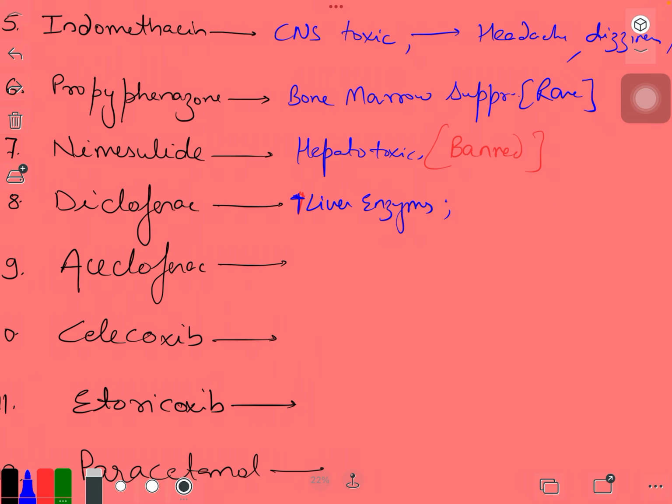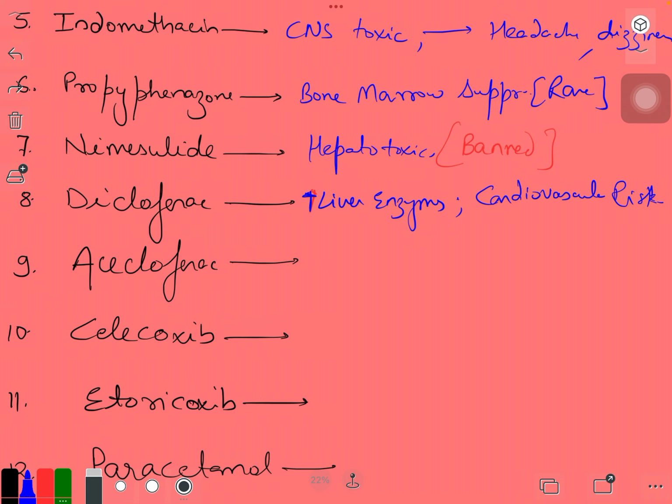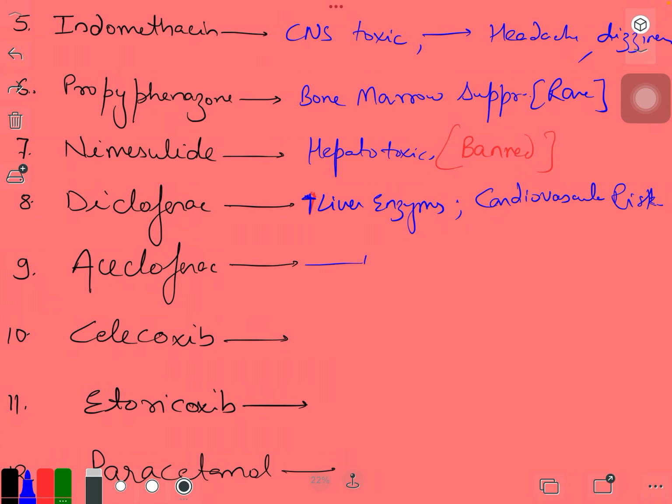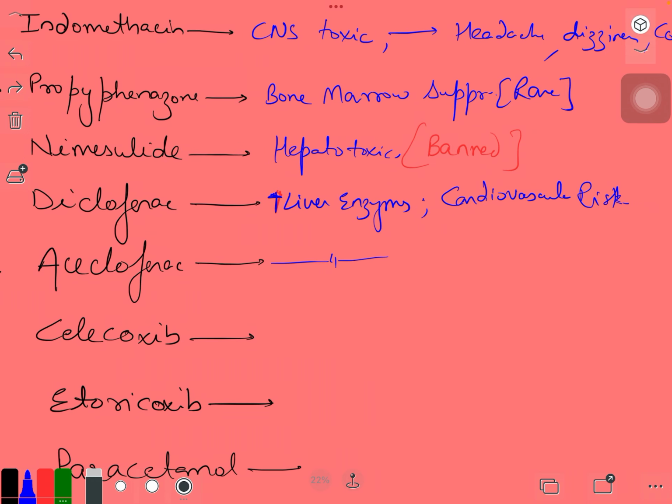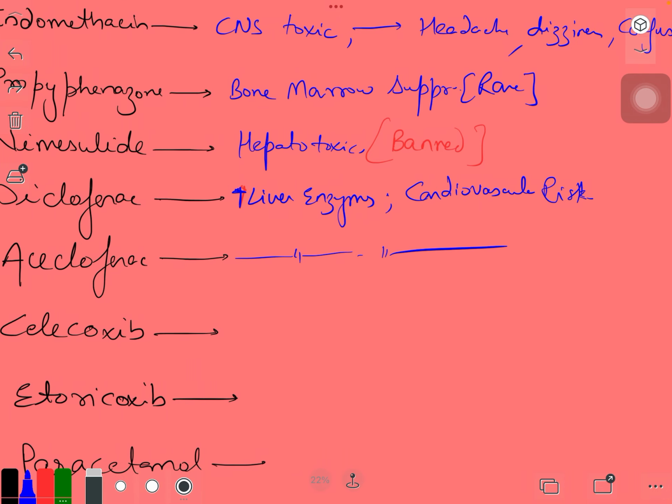the patients using diclofenac are at higher risk. That is a cardiovascular risk, so thrombosis, MI, and so on. Next is aceclofenac. Same stuff over here, along with cardiovascular risk also, right?